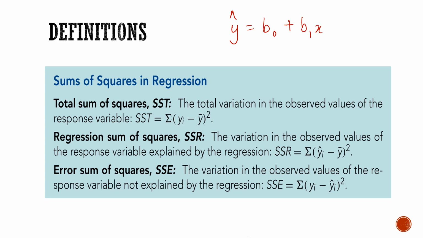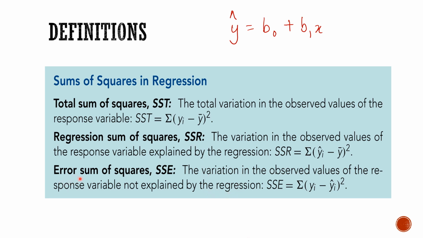So y hat represents the predicted values coming from the regression equation. And what we are calculating here is how much the predicted y values are off from the mean of all the y values, the actual y data values. Right? So it's the difference between the predicted values and the mean of the observed y values, y bar. And then of course we square it and sum it.